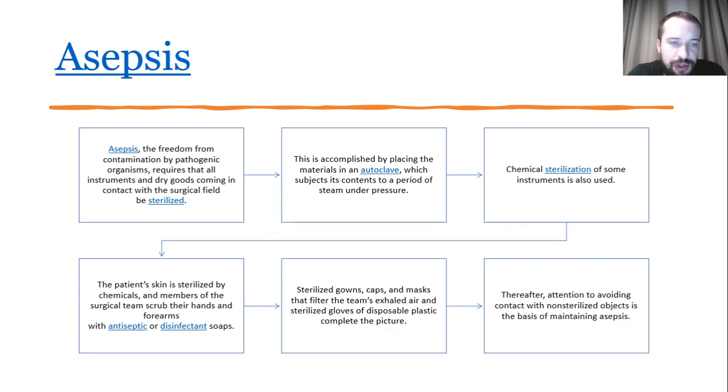The patient's skin is sterilized by chemicals and members of the surgical team scrub their hands and forearms with antiseptic or disinfectant salts. Sterilized gowns, caps, and masks that filter the team's exhaled air and sterilized cloth or disposable plates complete the picture. Thereafter, attention to avoiding contact with non-sterile objects is the basis of maintaining asepsis.